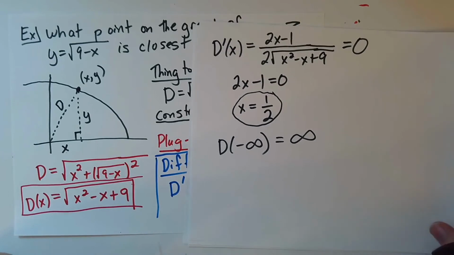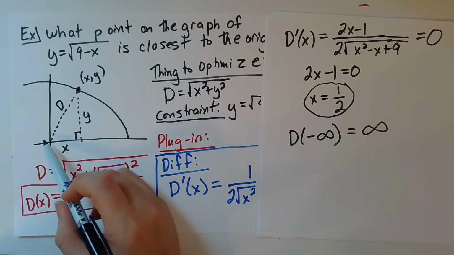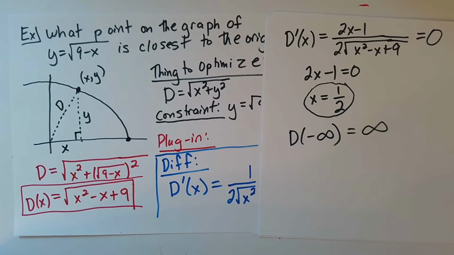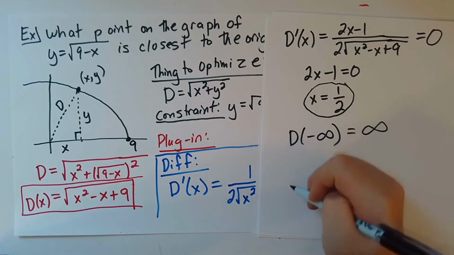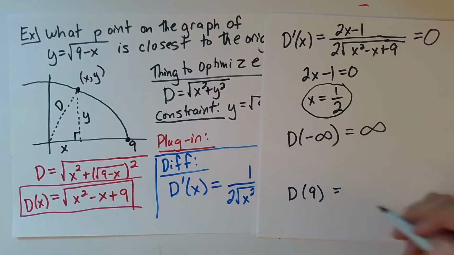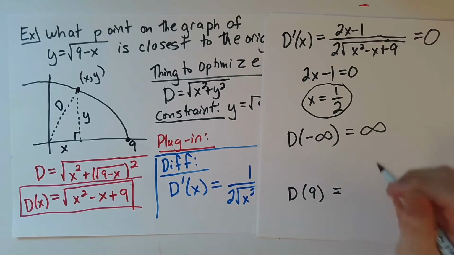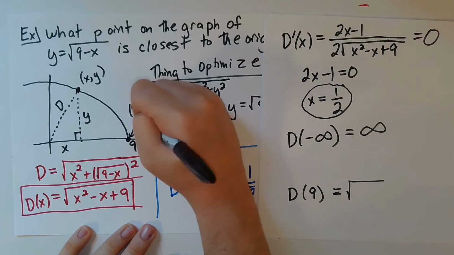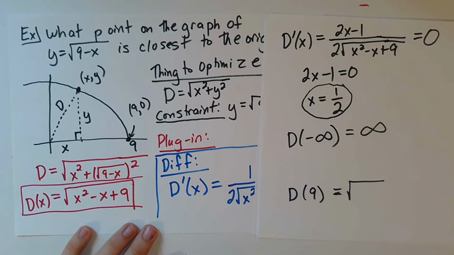The furthest to the right that I can go would be this point. And that point is not so hard to see, it is 9. So I can calculate also d of 9. And d of 9 is the square root of, well, this point here is 9 comma 0.